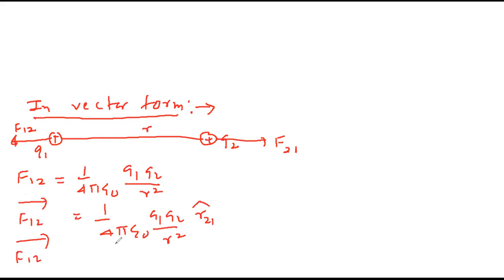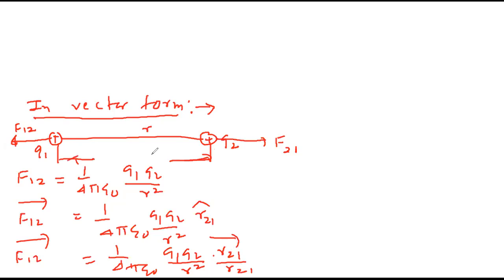So F12 bar is 1 upon 4 pi epsilon naught q1 q2 upon r square. This is r21 vector upon its magnitude. Now r, whether I take 2 to 1 or I take 1 to 2, it will remain r only in magnitude. So F12 bar will be 1 upon 4 pi epsilon q1 q2 r21 upon r cube.